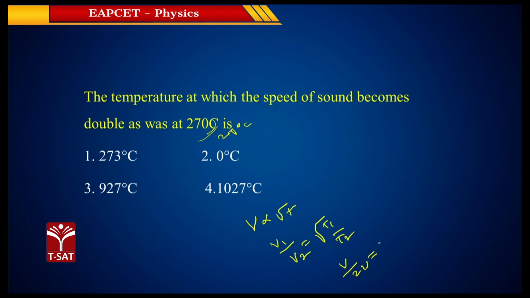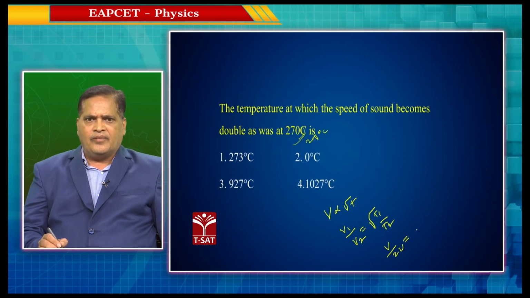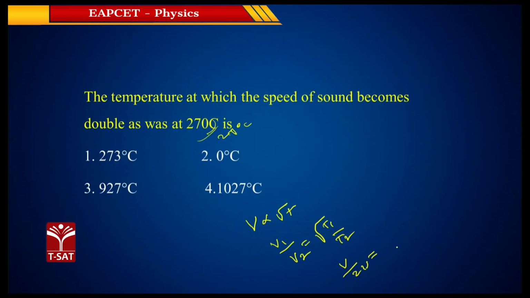Okay, this is equal to root T1 by root T2. Next, the T1 value you can take. What is the T1 value? 27 degrees is given. 27 means 27 plus 273, you convert degree centigrade to absolute temperature, Kelvin.